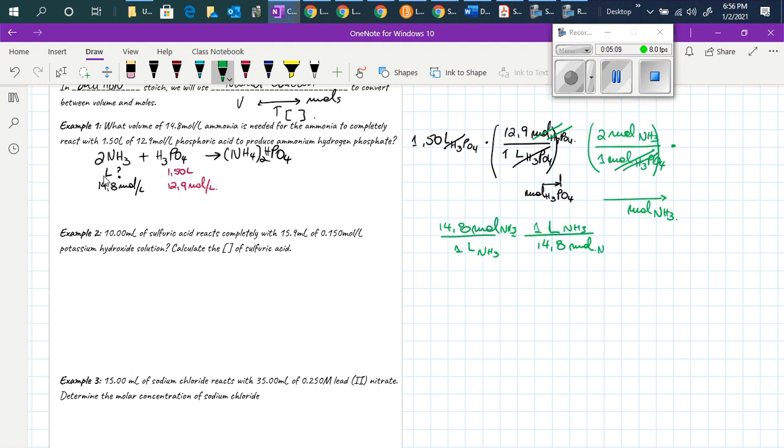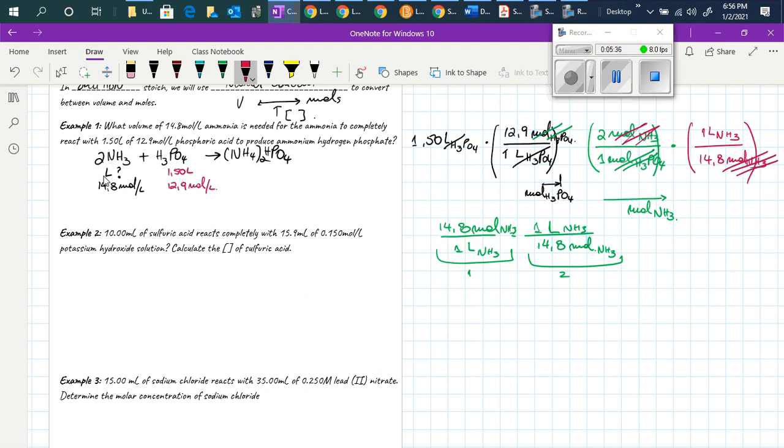NH3 and NH3. So again, we have two ratios, ratio 1 and ratio 2. The ratio that we will use in order to figure out how many liters is ratio 2. So it will be 1 liter of ammonia is 14.8 moles of ammonia.